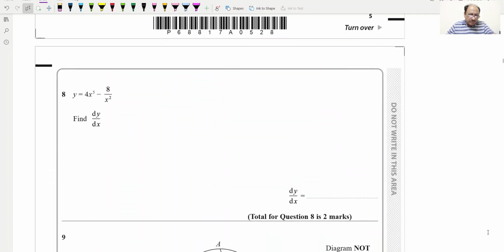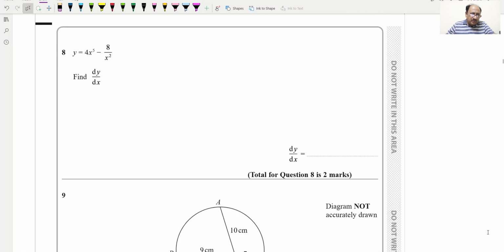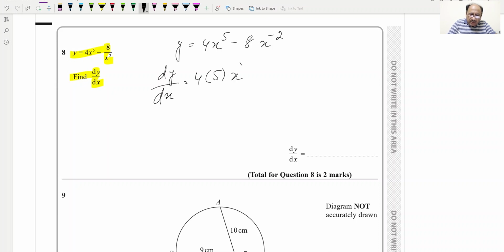Now we can move to question number 8, and question number 8 says y is equal to this one, find dy by dx. So we need to find the derivative, and to find the derivative, first of all we arrange y is equal to 4x raised to 5 minus 8x raised to minus 2. Now we can write dy over dx is equal to 4 into the power will be pulled first, and x raised to 5 minus 1, and minus 8 into minus 2, the power will be pulled first, and minus 2 minus 1.